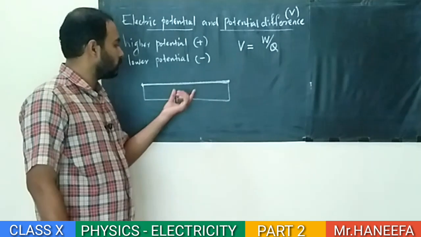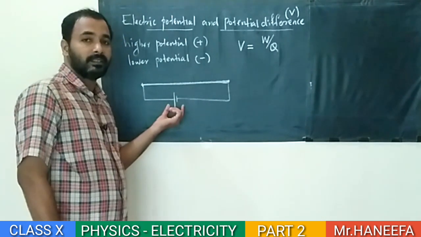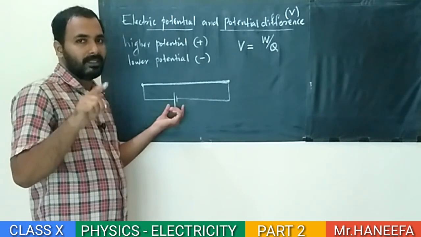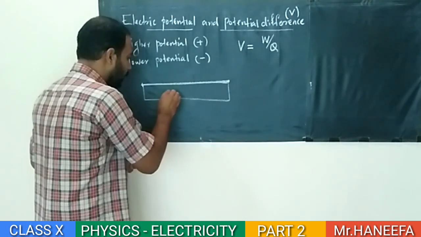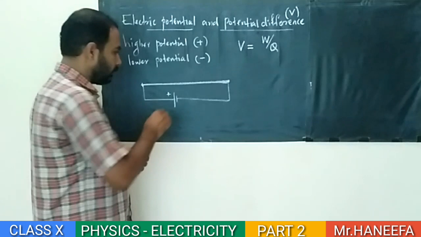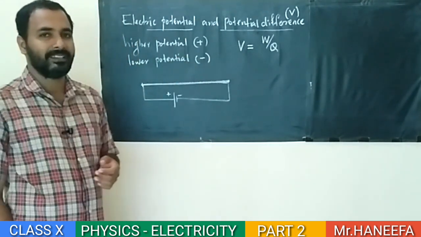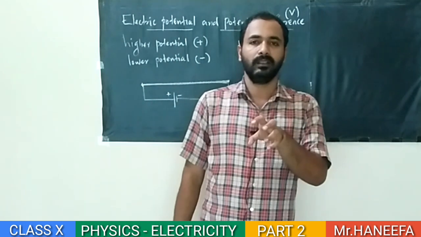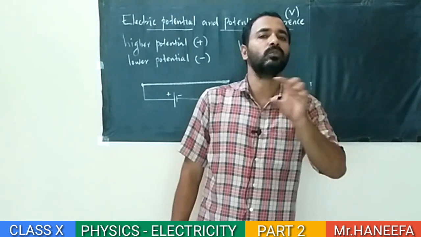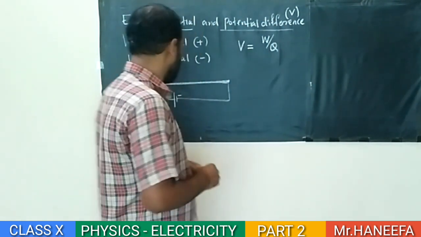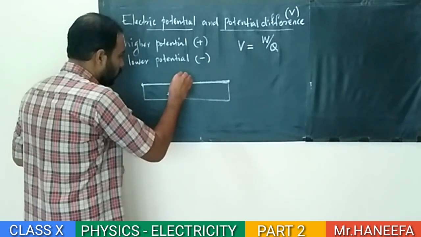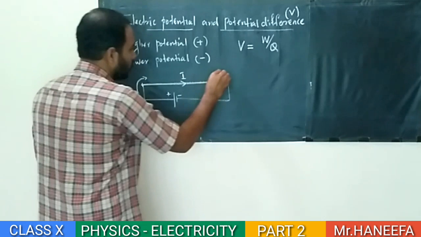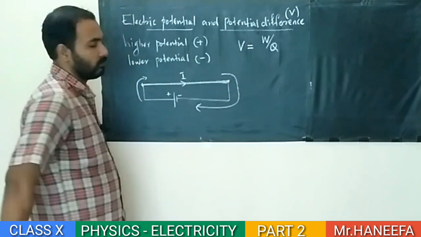If this conductor is connected with a cell, this cell provides potential difference. Clear? A cell contains a higher potential positive and a lower potential negative. When a conductor is connected with a cell, current flows through the conductor. Okay, so current flows through it from positive to negative.